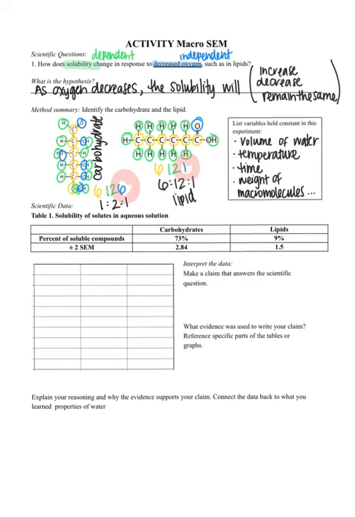So I'm going to put my independent variable, or the amount of oxygen in each of these macromolecules, along my x-axis. And on my y-axis, I'm going to put my dependent variable, in this case, the percentage of soluble compounds.